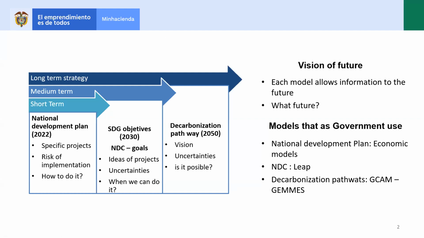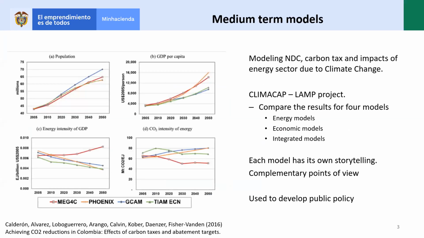For example, in the medium term, we have economic models, but for our updated NDC, we used the LEAP model as an energy model that helps to include other measures. And when we think about long-term visions, we use GCAM or GEMS, which are other models that we developed.